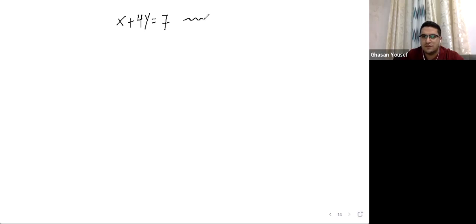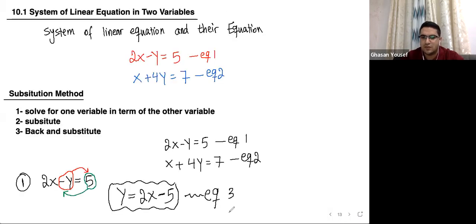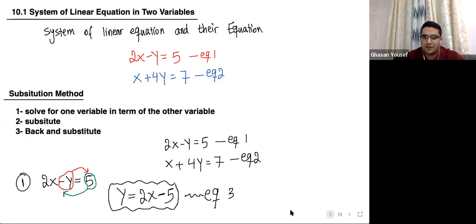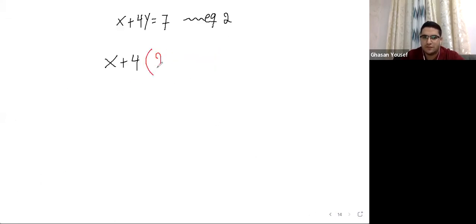I want to substitute equation number 3 inside number 2. So I will get x plus 4, and now equation number 3 is 2x minus 5, so 2x minus 5 equal 7. Okay, distribute the 4 inside the parentheses.